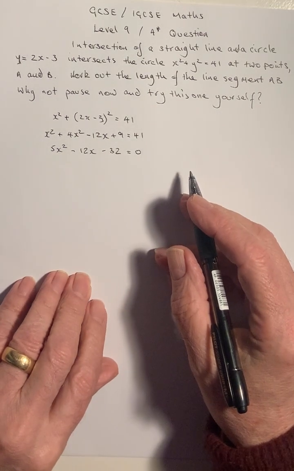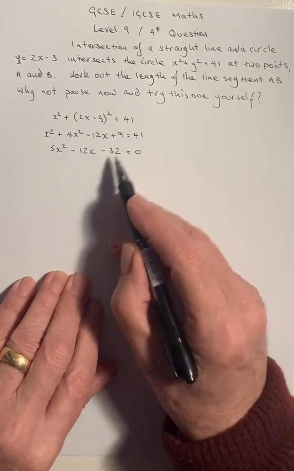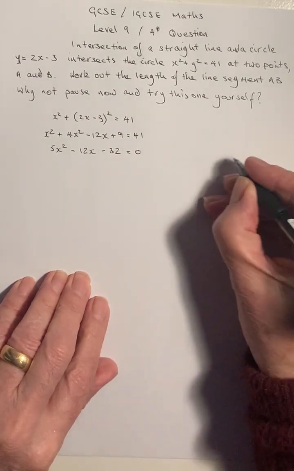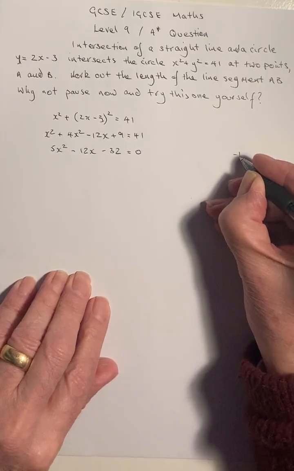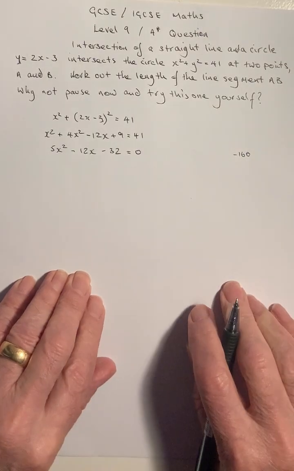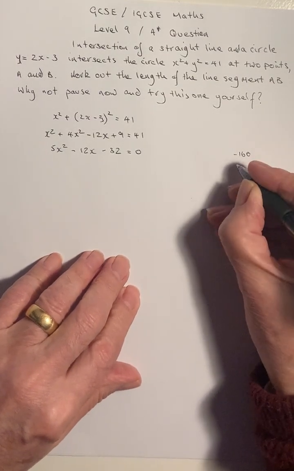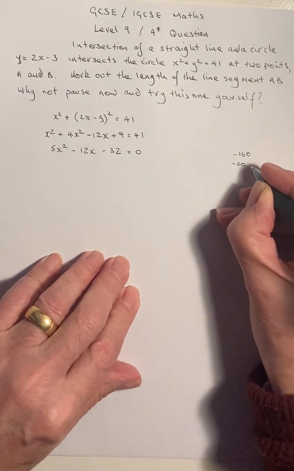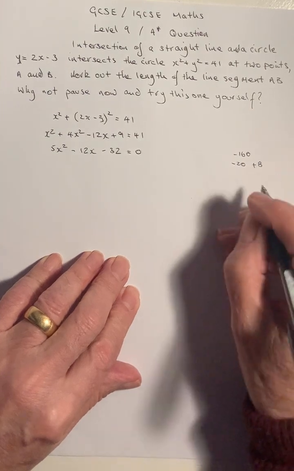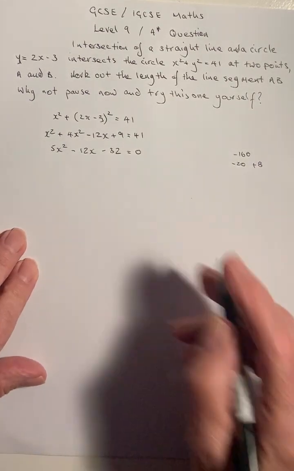5 times negative 32 is negative 160. And we're looking for factors of negative 160 that add up to negative 12. 8 20s are 160, and there's 12 difference between them. So that would have to be negative 20 and positive 8. Okay, that gives us negative 12.